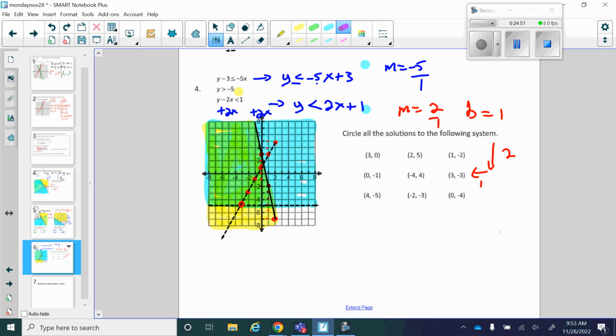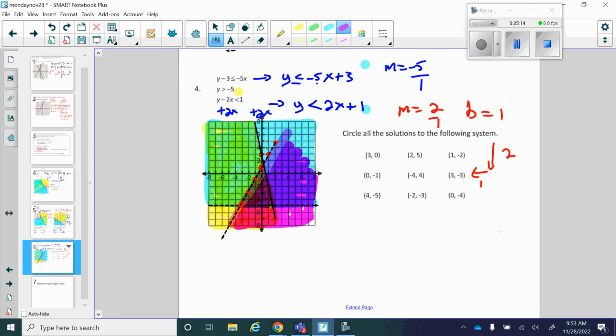All right, shade below the line. So below the line, it's going to be everything here. Everything below this line right here, shading. This is kind of crazy, huh?